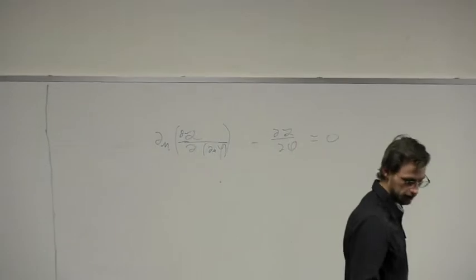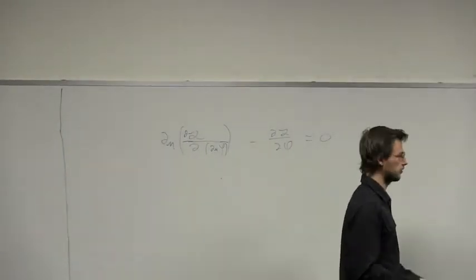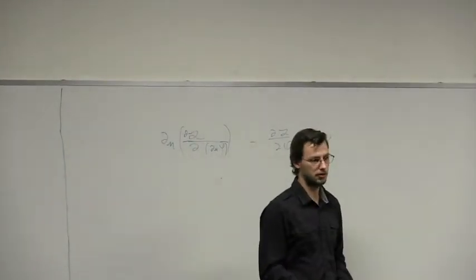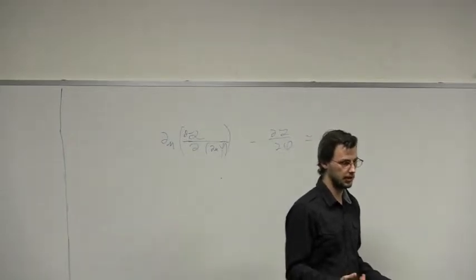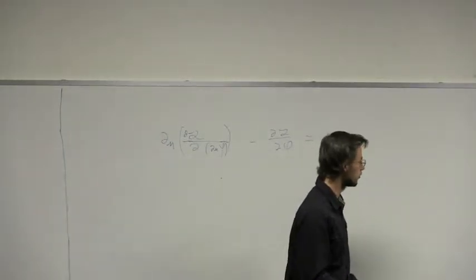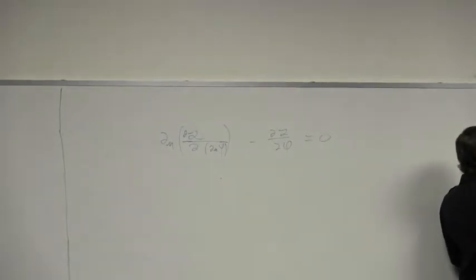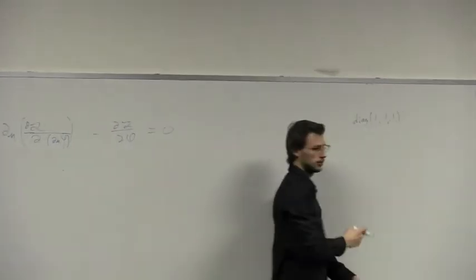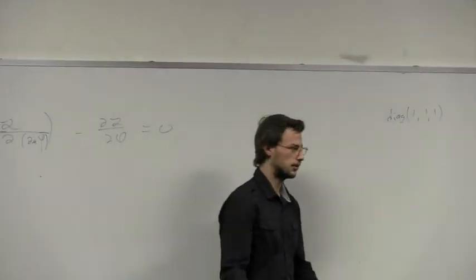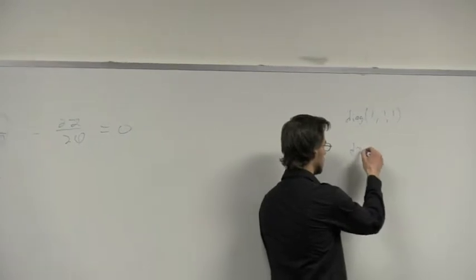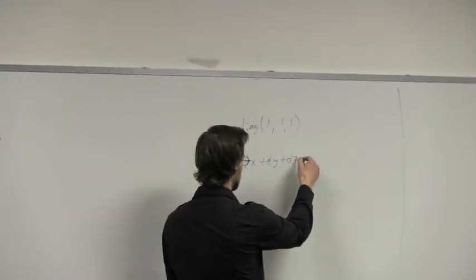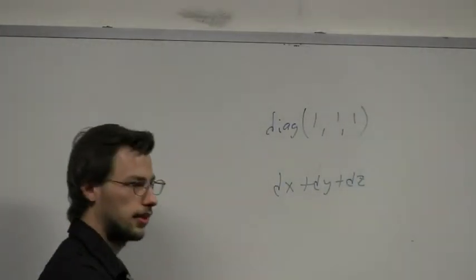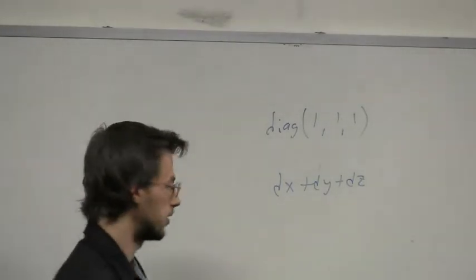It depends on your definition of what the metric is. In all quantum field theory and particle physics, you use what's called the flat space-time Minkowski metric, which is almost just like the Euclidean metric, which is diagonal of 1, 1, 1, just x, y, z, and everything else is 0. So your measure is dx plus dy plus dz, stuff like that. This is your measure, like your length would be the square, but this is your metric.